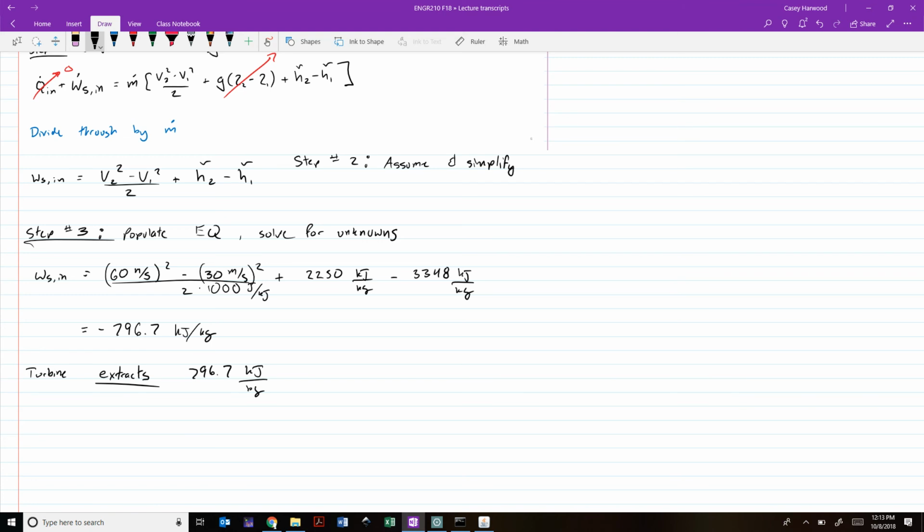I converted meters per second to kilojoules per kilogram, and then I added the other stuff. I got 1,096. After you multiply by -1, there's like 1,096 joules per kilogram. Kilojoules per kilogram.